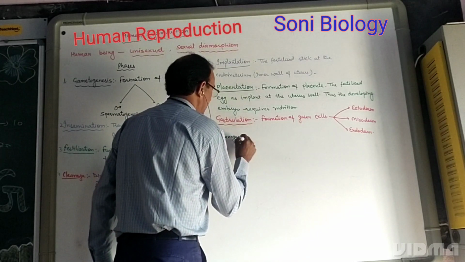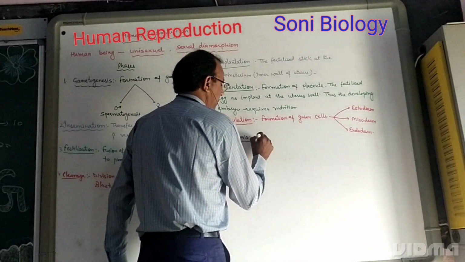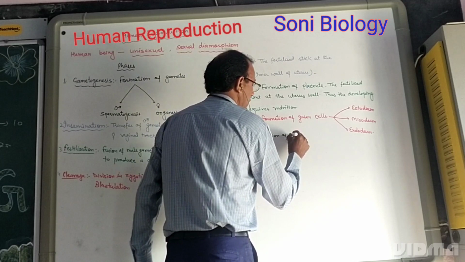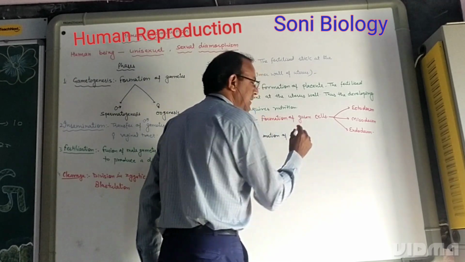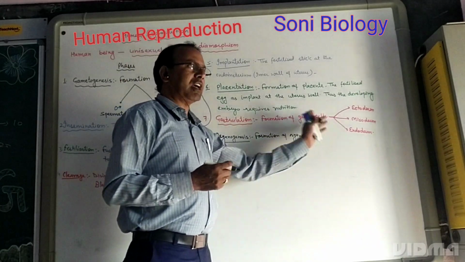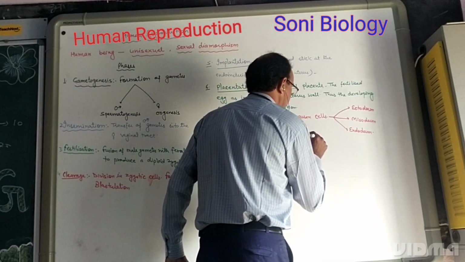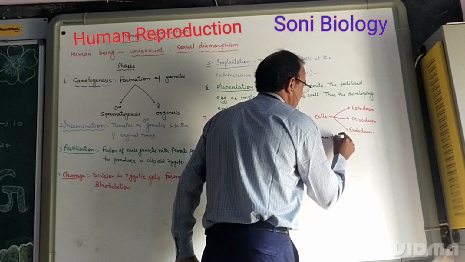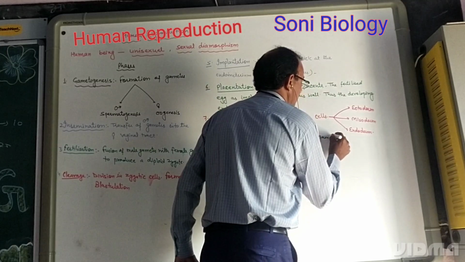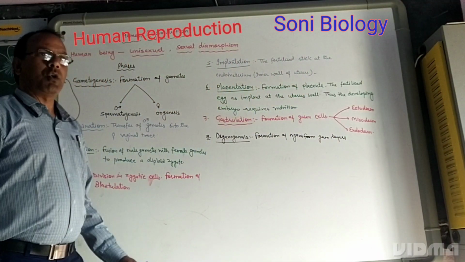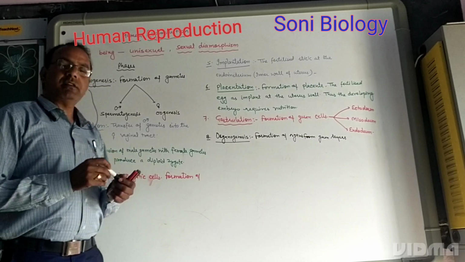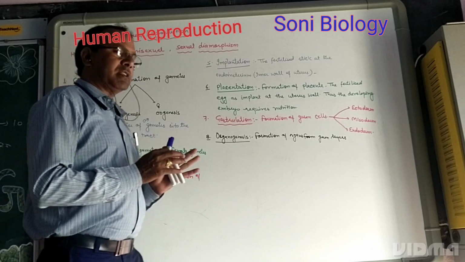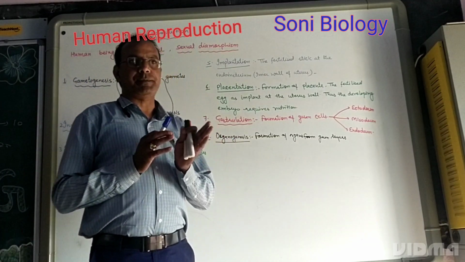Formation of organs, or development of organs from germ layers or germ cells, is called organogenesis.